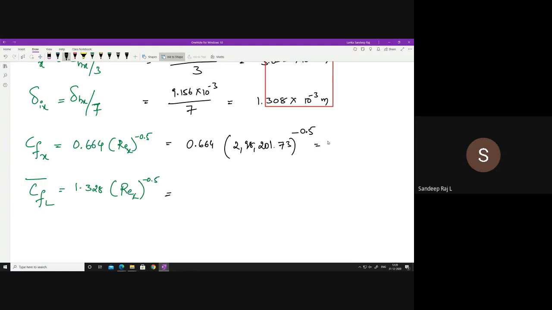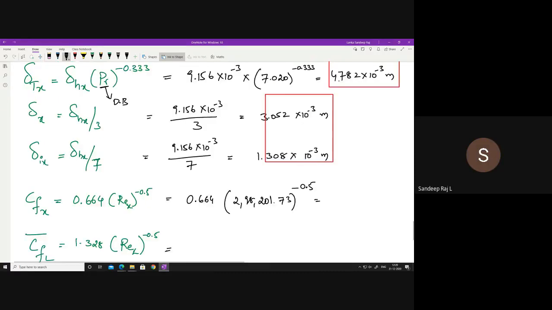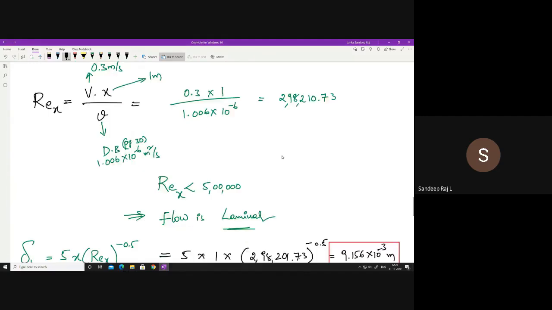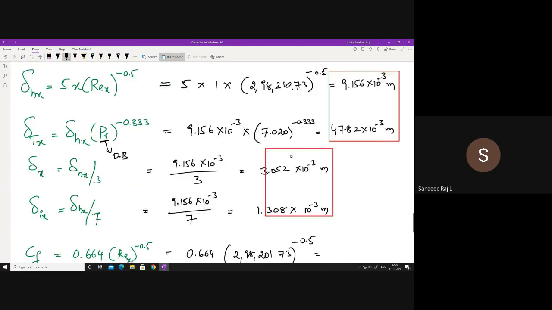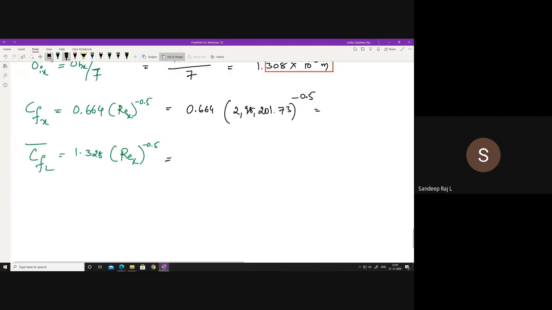The Reynolds number you wrote, 298,210. 210 is correct. Two one zero. Okay. So tell me what is the CFx value?